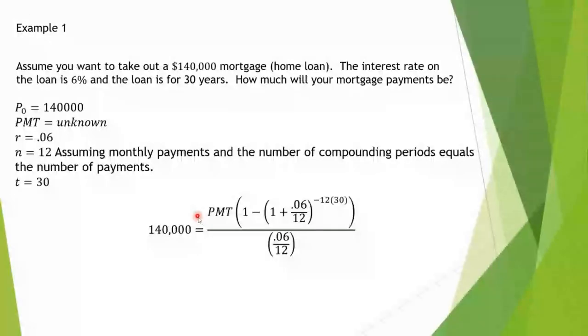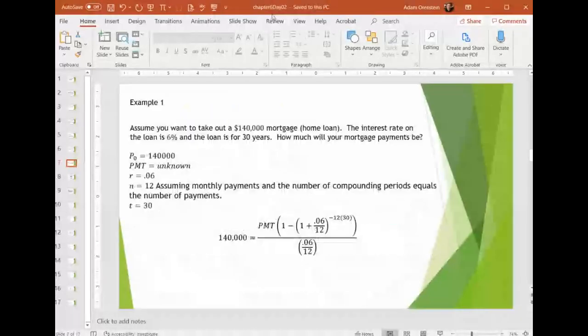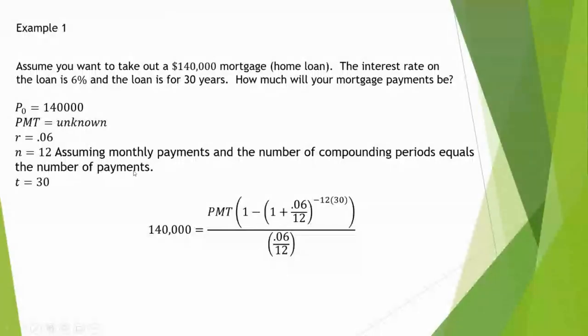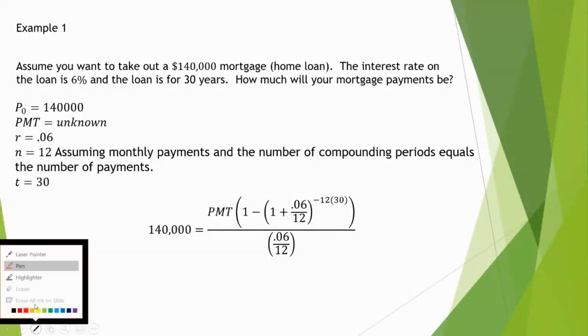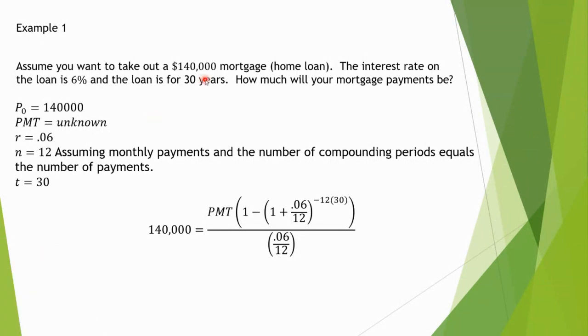All right. So here's our first example. Here we're looking at a mortgage of $140,000.